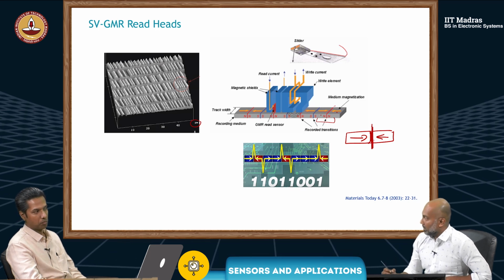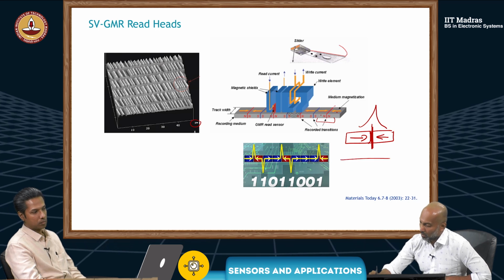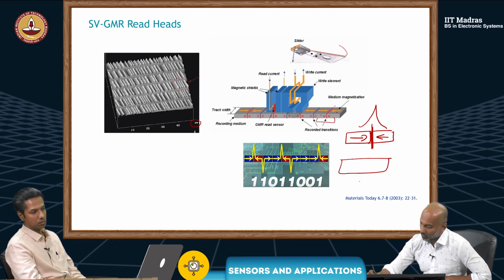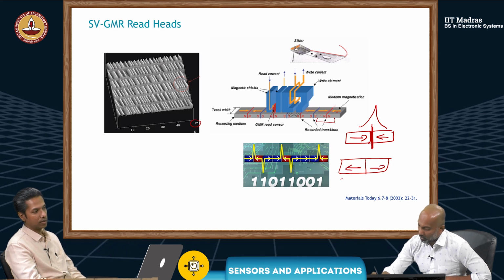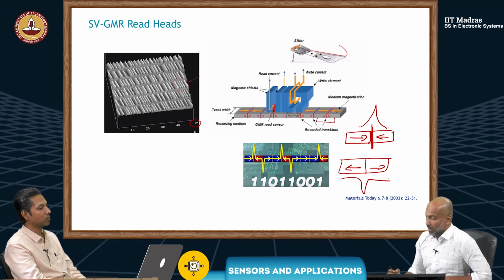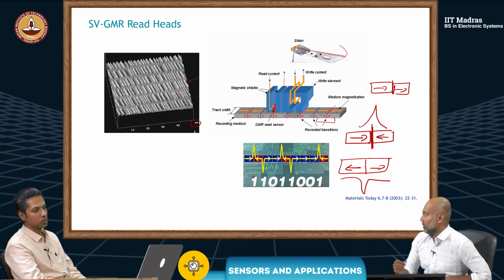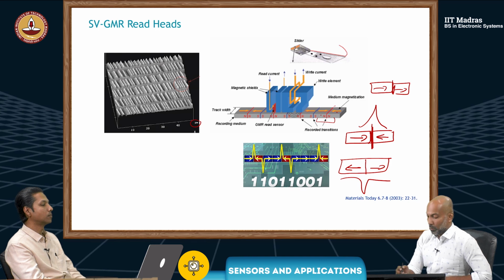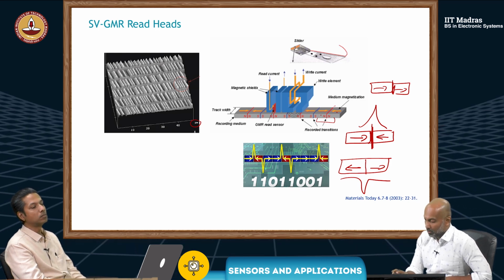So in this case, let's say it's a positive. Now, if they are the same, there will not be this change. And if they are the same, as you said, it will be a zero. Which is what you see here. So 1, 1, 0, 1, 1, 0, 0, 1.